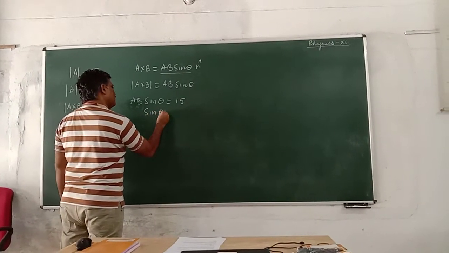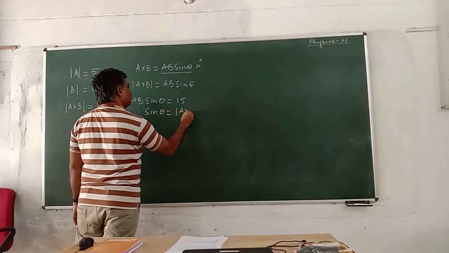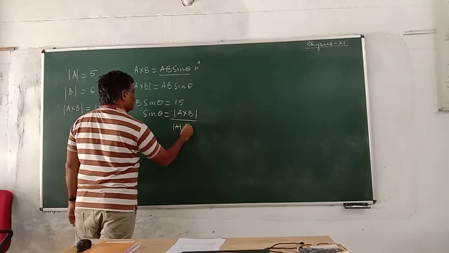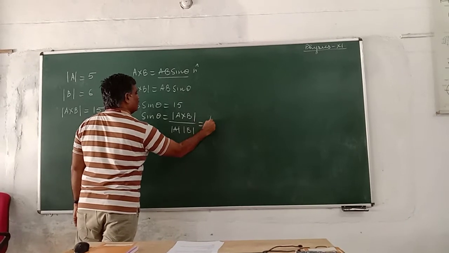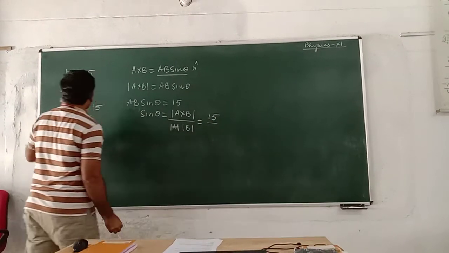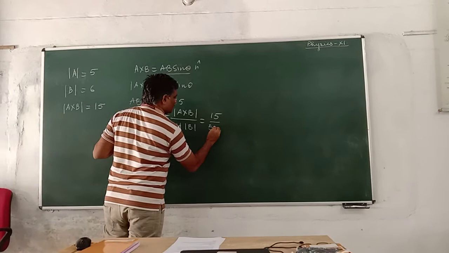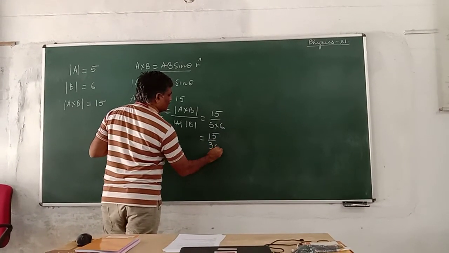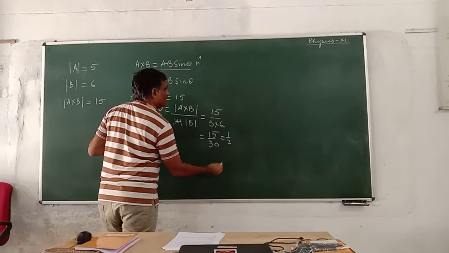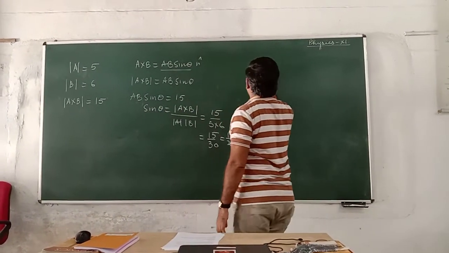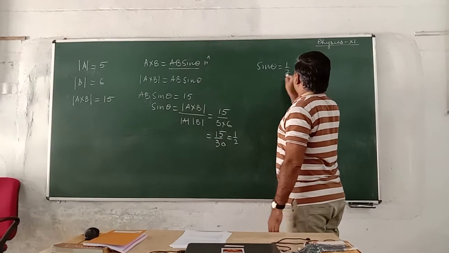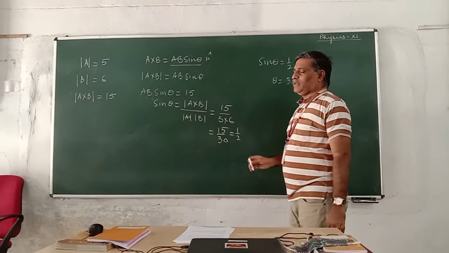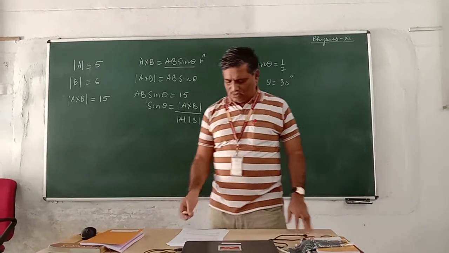Therefore, sine theta is equal to magnitude of A cross B over magnitude of A, magnitude of B, which is equal to 15 by 5 into 6, which is 15 by 30, it's a half. Sine theta is equal to half, theta is equal to 30 degree. Angle between them is equal to 30.